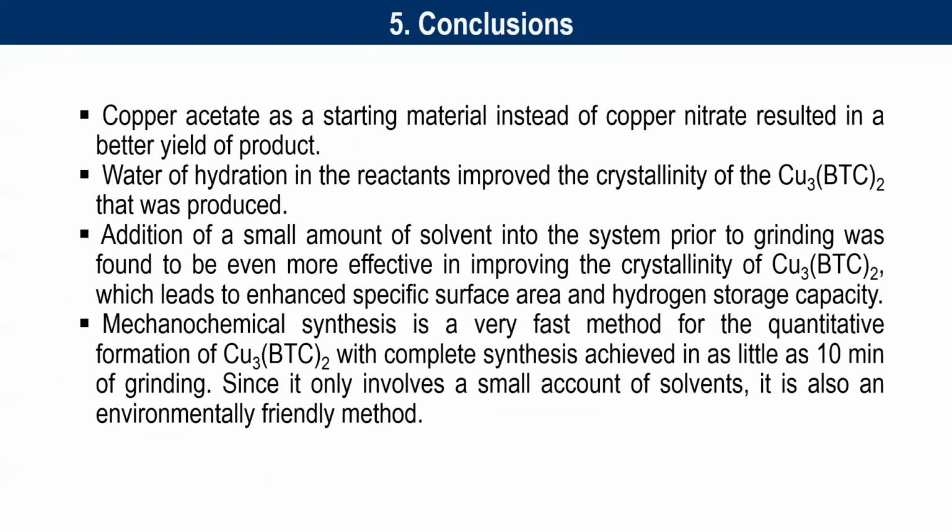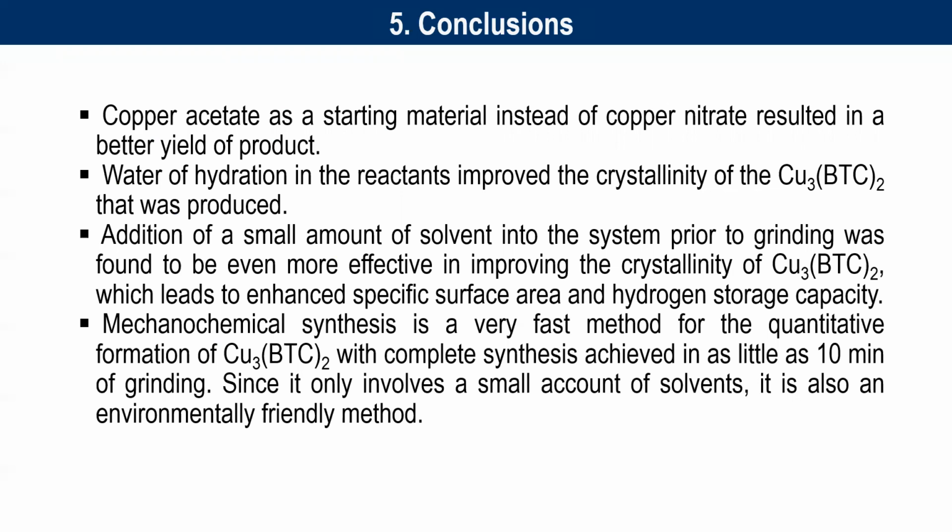In conclusion, it was found that copper acetate as a starting material worked better than copper nitrate in both product status and amount of yield. Water of hydration in the reactants improved the copper BTC that was created.